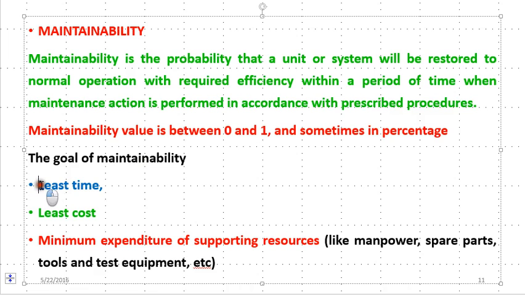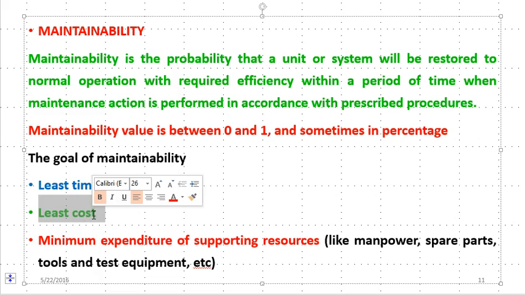The first is that we want every maintenance process to take the least time, that is, it should take a very short time for the maintenance action to be completed, and also the least cost, that is, the aggregate amount of money spent for restoring the system should be as small as possible. It also has a goal of achieving minimum expenditure for supporting resources, that is the individual items that make up the total cost of maintenance. They include the manpower, the spare parts, the tools, and the test equipment.